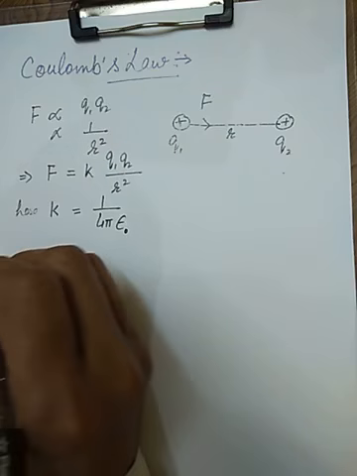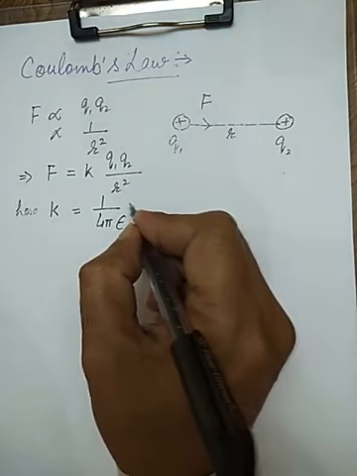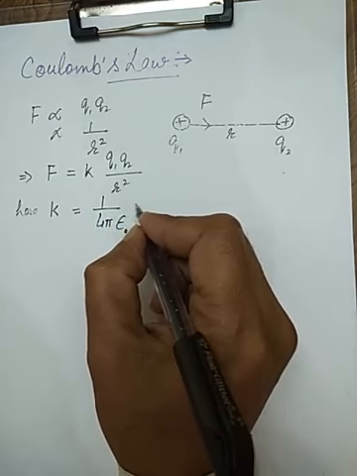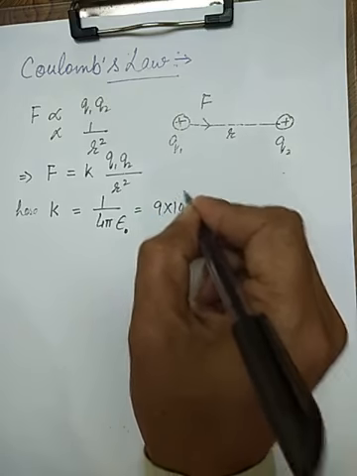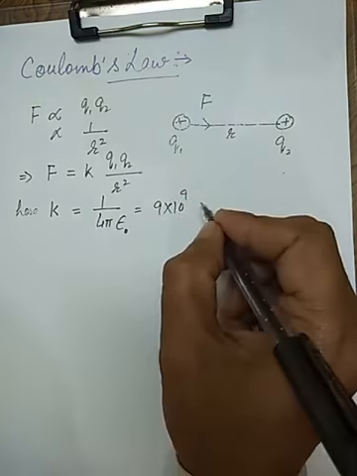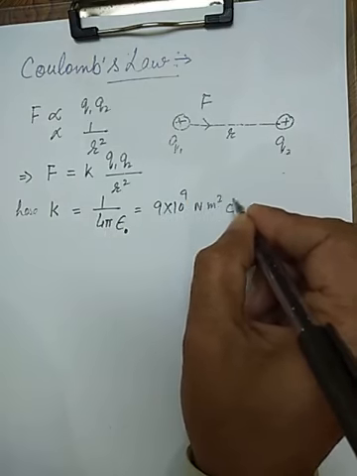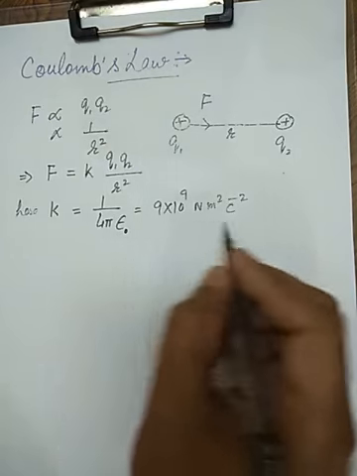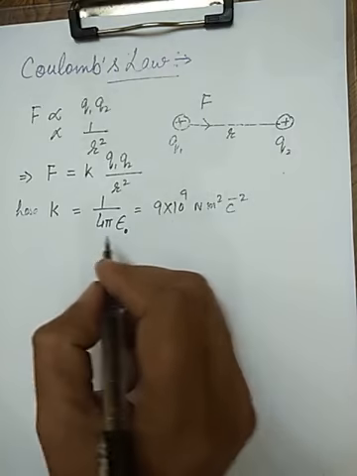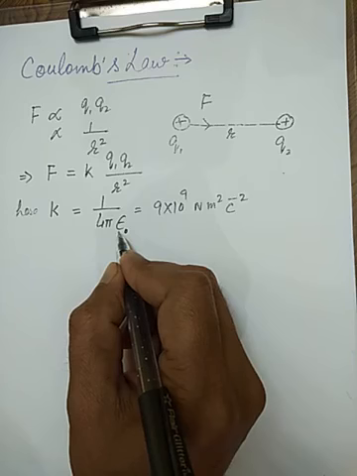When Coulomb performed this experiment and found the value of k, he found it equal to 9 into 10 to the power 9 newton meter square per coulomb square. With this he is able to define the unit of absolute permittivity, its dimensional formula and its value.